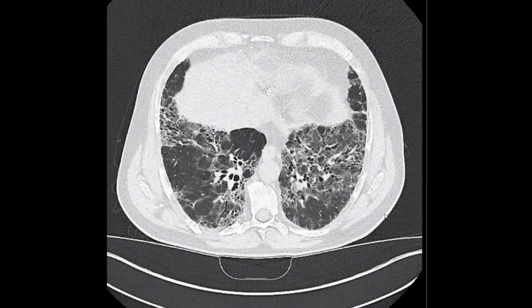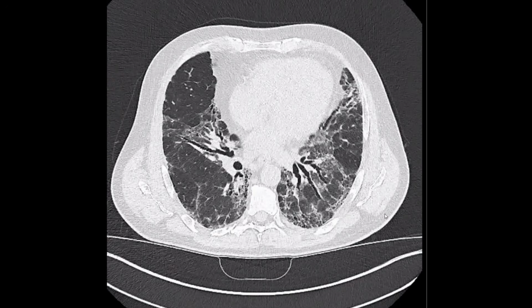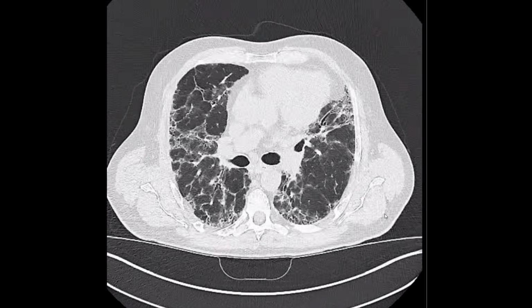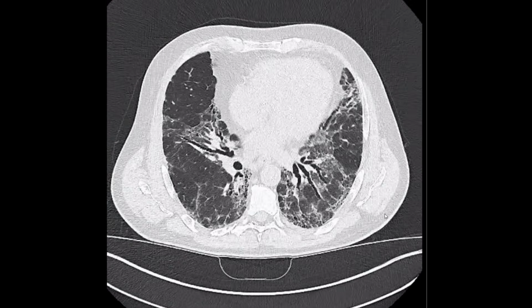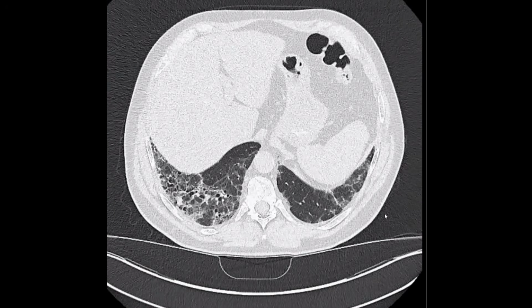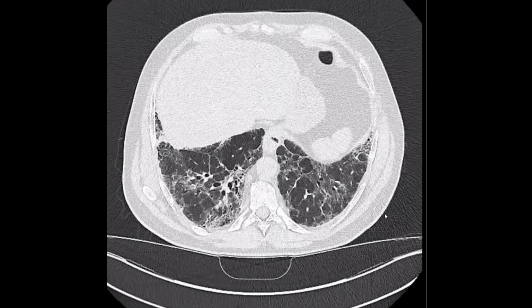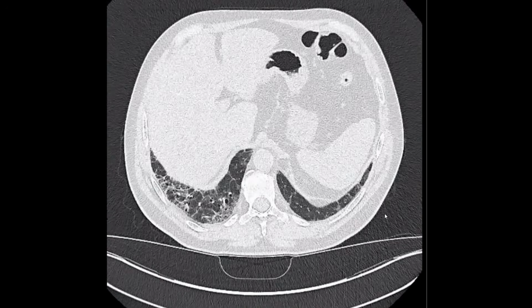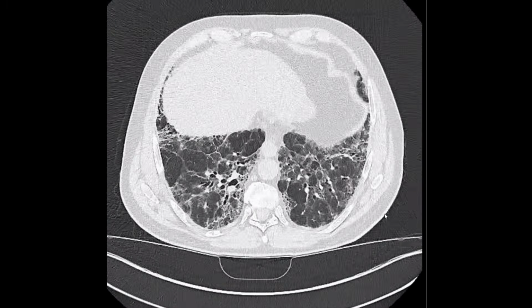I can also appreciate cystic changes in the upper and mid zones predominantly, suggestive of honeycombing in the basal region. On the right side there are also cystic changes noted. So this pattern is likely usual interstitial pneumonitis.